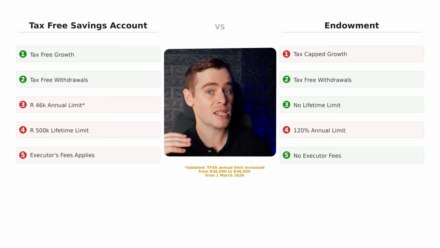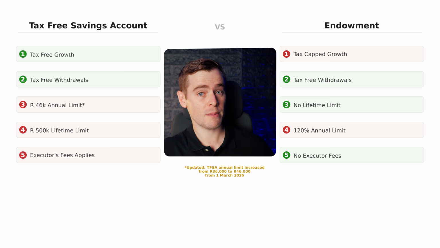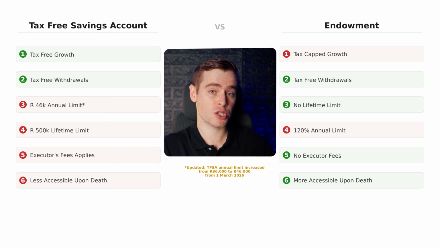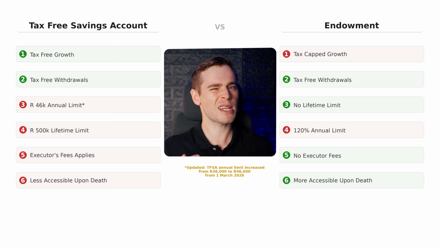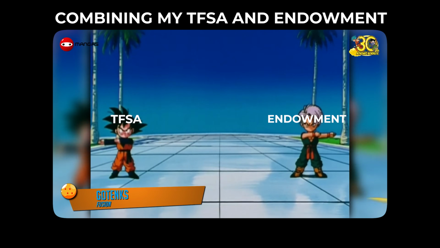This could not only save you a lot of money in death expenses, but it will also ensure that your family can access the investment much sooner if they need to, as it won't get stuck in the deceased estate for many months. Now, pro tip here, some investment platforms allow you to wrap a tax-free savings account within an endowment, giving you the best of both worlds.